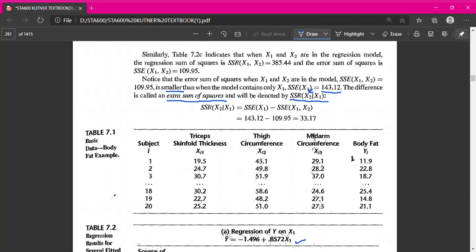Okay, bila model yang asalnya adalah kita regress Y dengan X1 saja, and then kita nak tahu, kita nak add the other variable which is X2. So this is the extra sum of square yang kita akan dapat. Okay, so the formula nak cari extra sum of square is this.